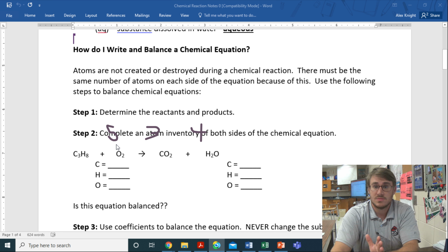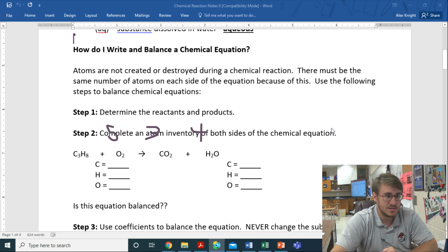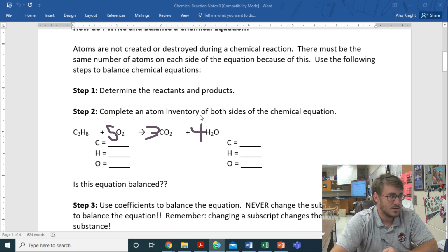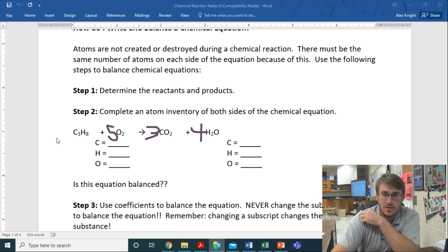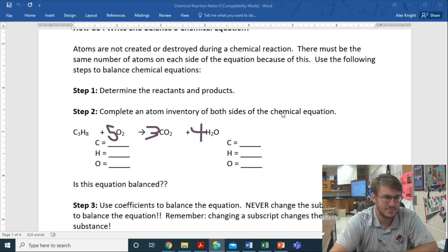In fact, this is the coolest thing: I can put the 5.5 in the place where the oxygen is, with an understood 1 right here, and if I double everything, it would work out. I'd put a 2 instead of a 1, an 11 instead of a 5.5, a 6 instead of a 3, and an 8 instead of a 4. That's if I had to double it. Right now, I don't have to double it. The 5, 3, and 4 makes it balanced, so we're good to go.